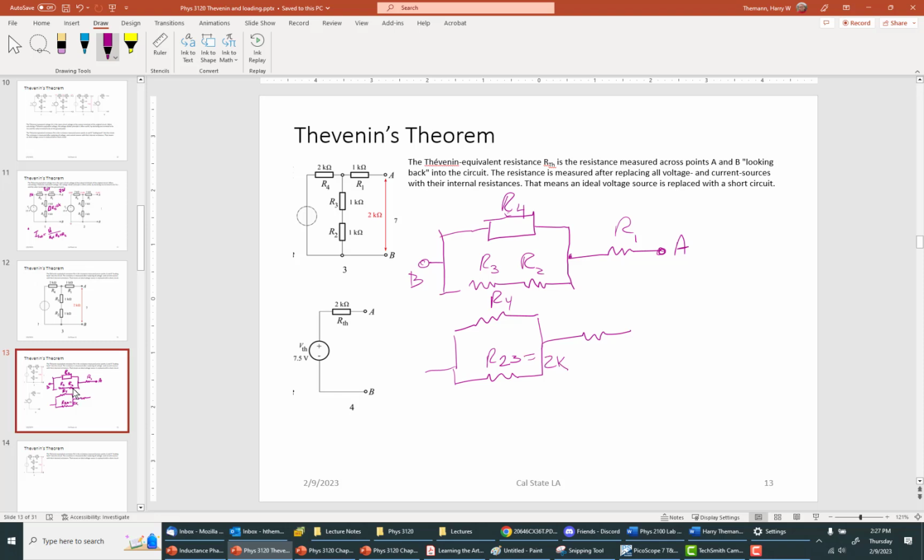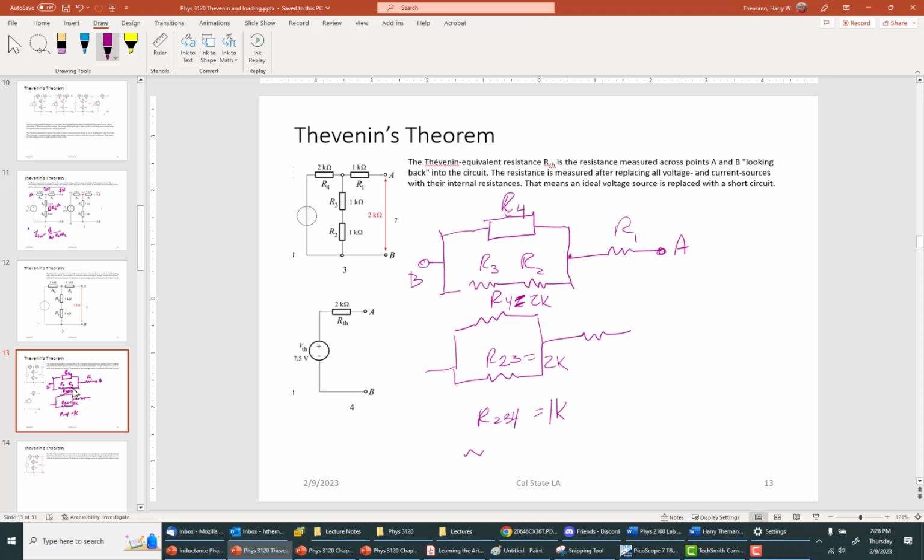I'm skipping steps. Is everybody okay with that? Now, this one is 2K also, and that's nice because then we know that R2, 3, 4 equals 1K.